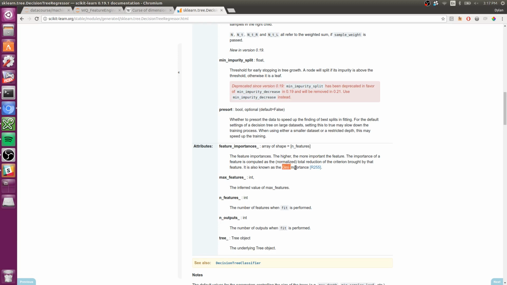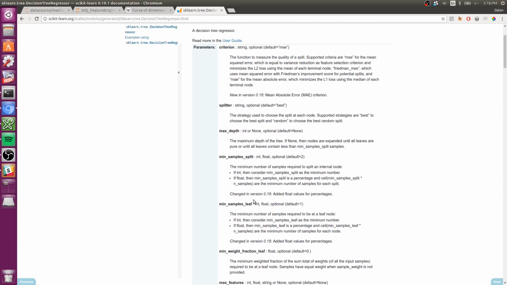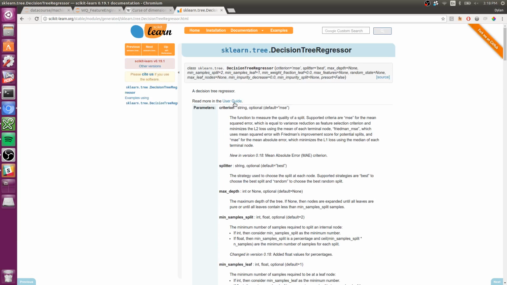So this is also called Gini importance, which is related to the Gini coefficient or Gini impurity, which is used in the algorithm for training decision trees. And you can read much more about that in the scikit-learn documentation.